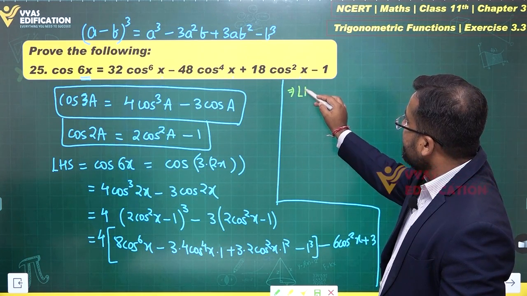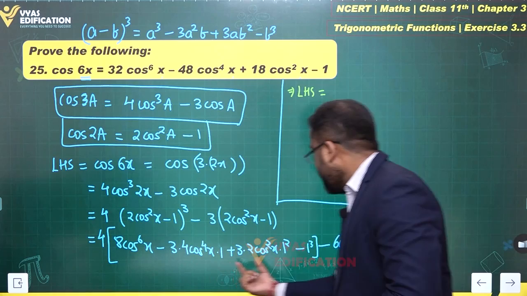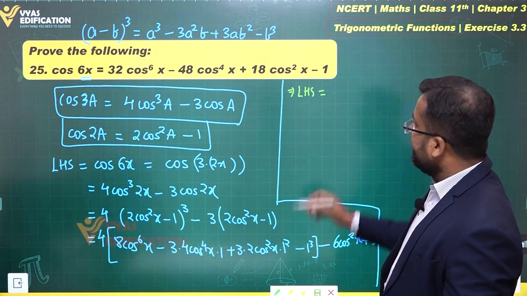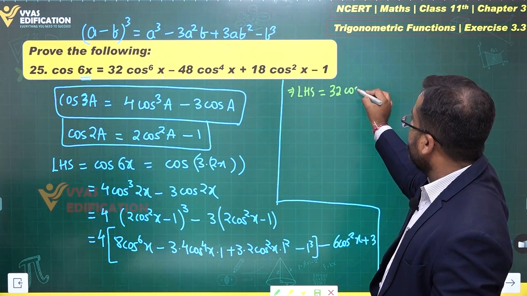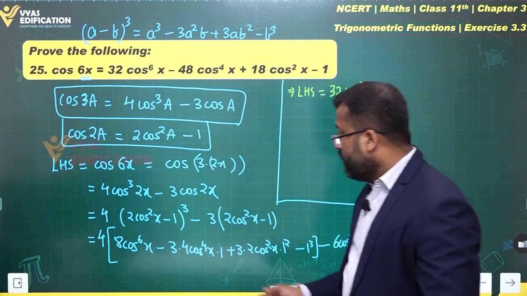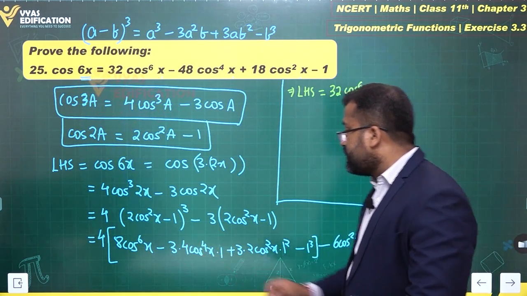What else? Let's write the next few steps and get the final result. This gives me LHS will simplify into what? Observe, this 4 is getting multiplied with this complete bracket. Let's do it. 4 times 8 is 32 cos power 6x. We get a matching term over here. This is 4 times 3 times 4, which is 48 times cos power 4x.